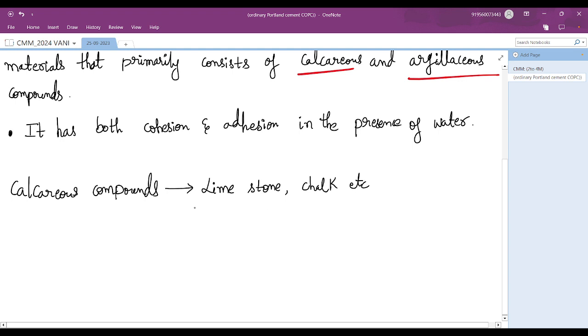Limestone and chalk contain mainly calcium and magnesium. Therefore, the ingredients present in these calcareous compounds are lime, which is CaO, and magnesia, MgO.